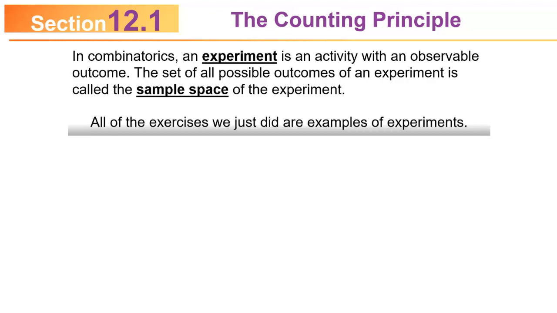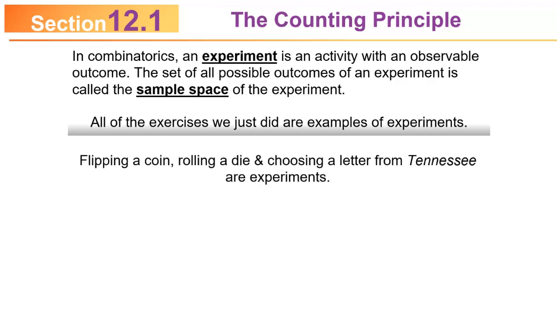Every exercise we just did is an example of an experiment. Flipping a coin, rolling a die, choosing a letter from the word Tennessee, all of those things are experiments. They're activities with an observable outcome.